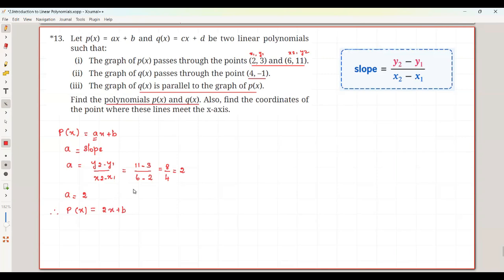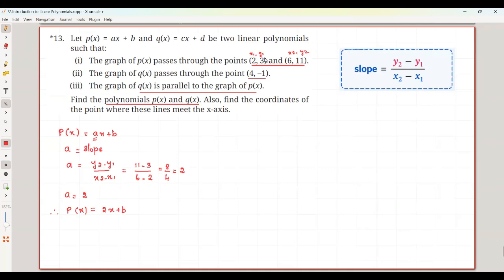Now next we have to find B, C and D. For finding the B value, what is given? It's passing through 2 comma 3. This point on P of x is passing through 2 comma 3. I'm just going to substitute the values. Here 2 comma 3 means x is equal to 2, y is equal to 3.